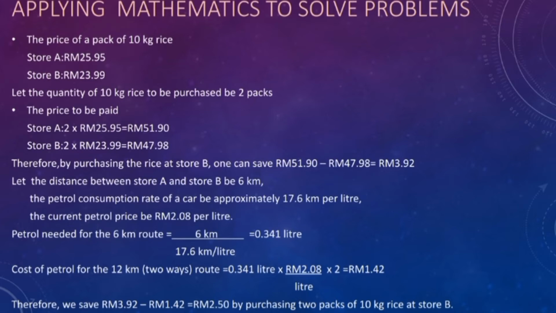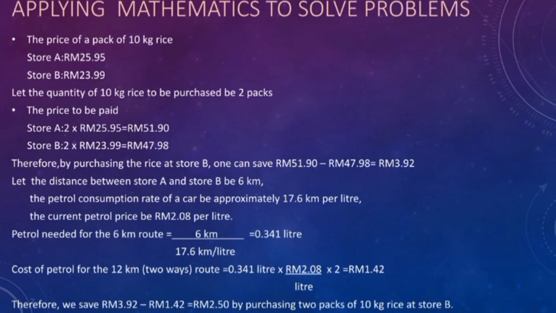The price to be paid in store A is 51 ringgit 90 cents, while store B is 47 ringgit 98 cents. Therefore, by purchasing the rice at store B, one can save 3 ringgit 92 cents.